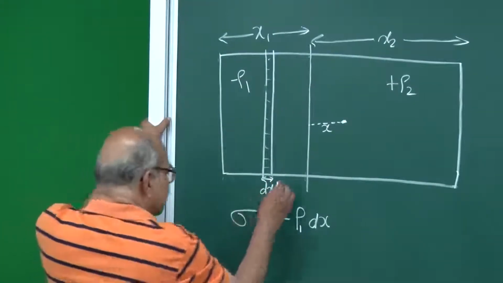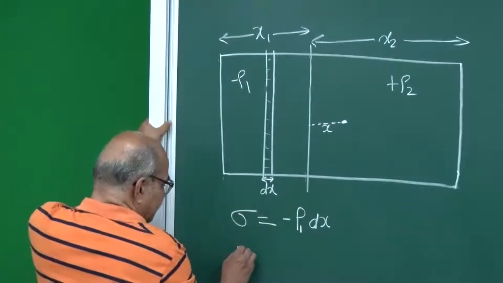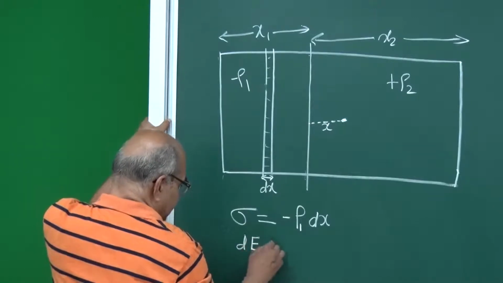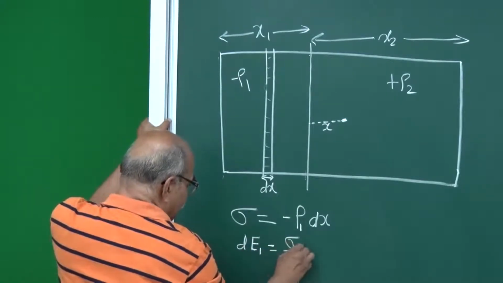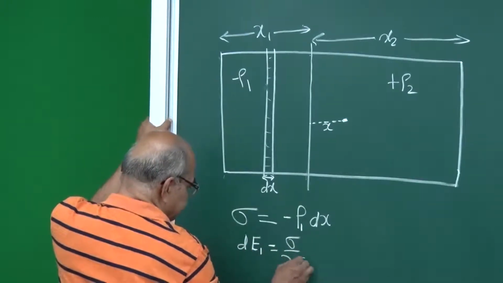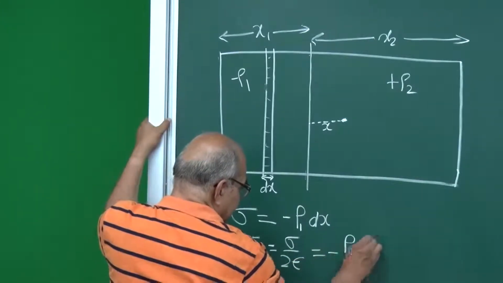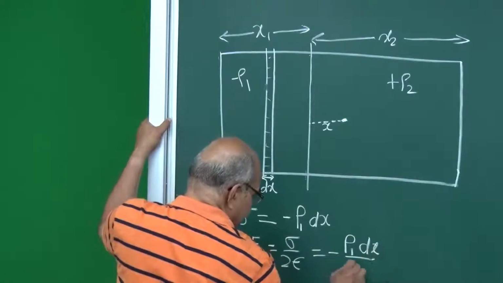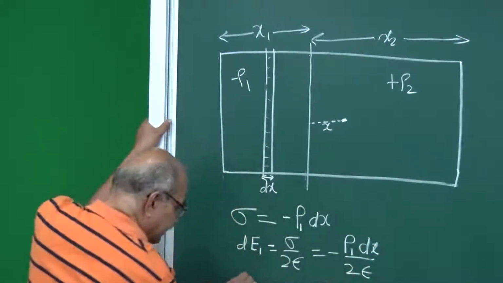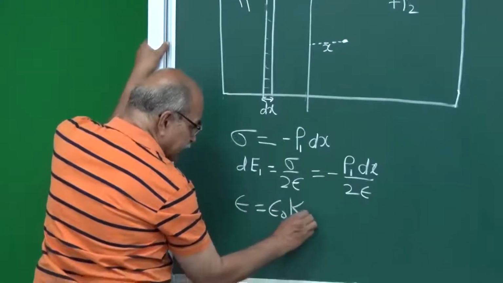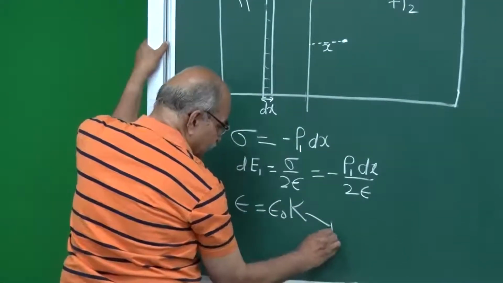So the electric field due to this, let me call it dE1, will be sigma over 2 epsilon, which is minus rho 1 dx over 2 epsilon, and this epsilon is epsilon naught times k, where k is the dielectric constant.